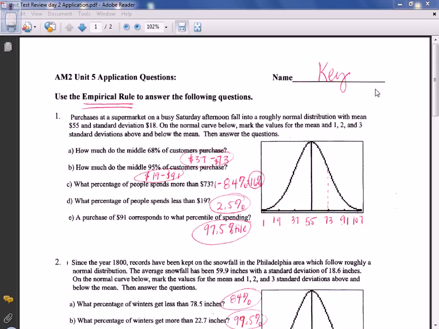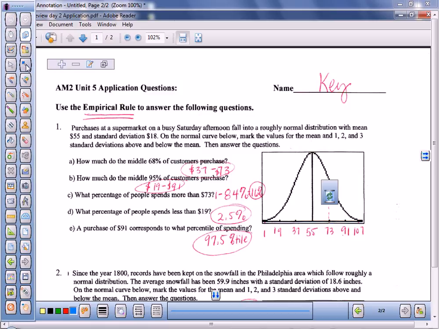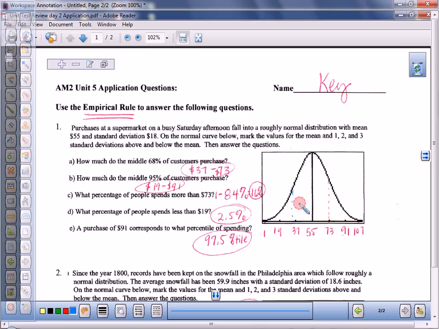So here we go on number 1. Work for this problem would be here. This is it. That's all I can do for work. So when I'm looking at this, what I would do on my test is I would take this and I would go, all right, this middle is 68%, so that's 0.34 each.